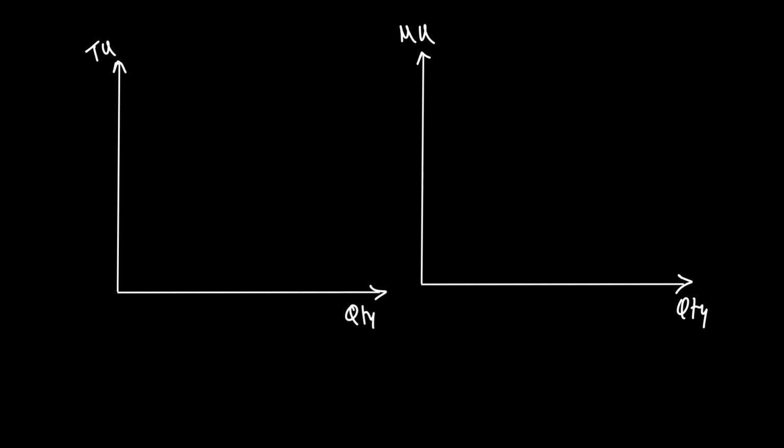As you can see, as you consume more and more units, TU rises, but it rises at a slower rate. Why does that happen? Because of the law of diminishing marginal utility, which also implies that MU, or marginal utility, falls as the quantity of a good rises.